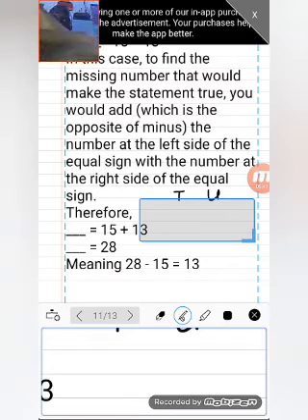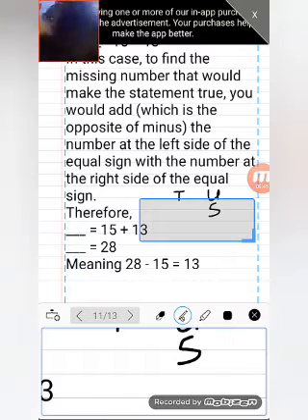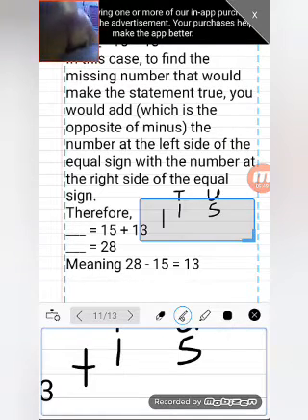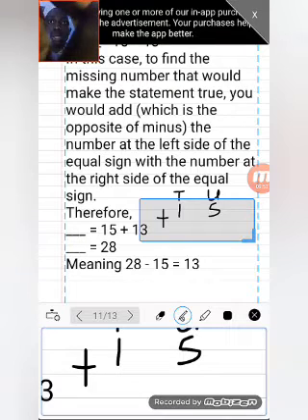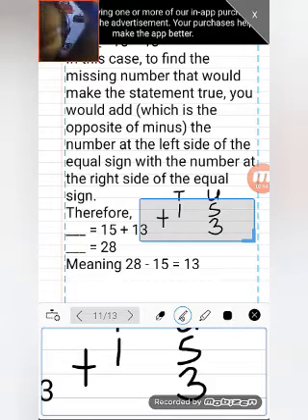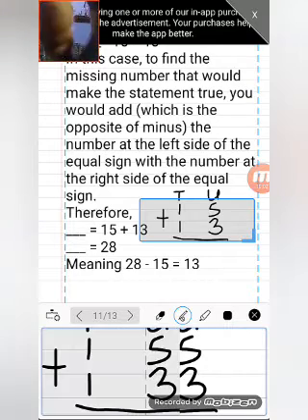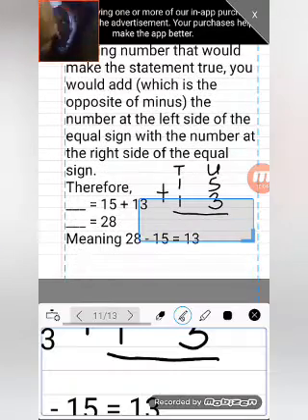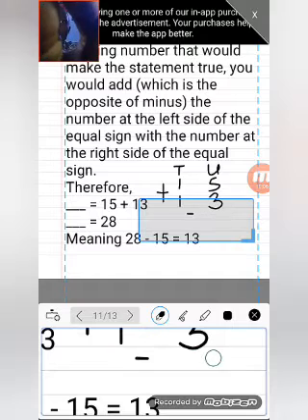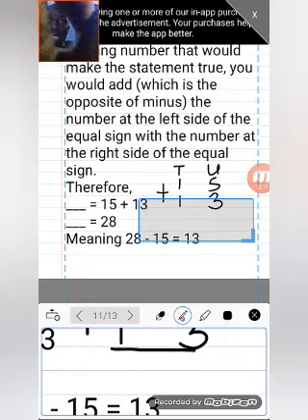Anyone can be above, but with the way it's written, you write the first number there, which is 5 in the unit, then 1 at the tens, then plus 13, the 3 here, then the 1 here. Then we rule our space for the answer.